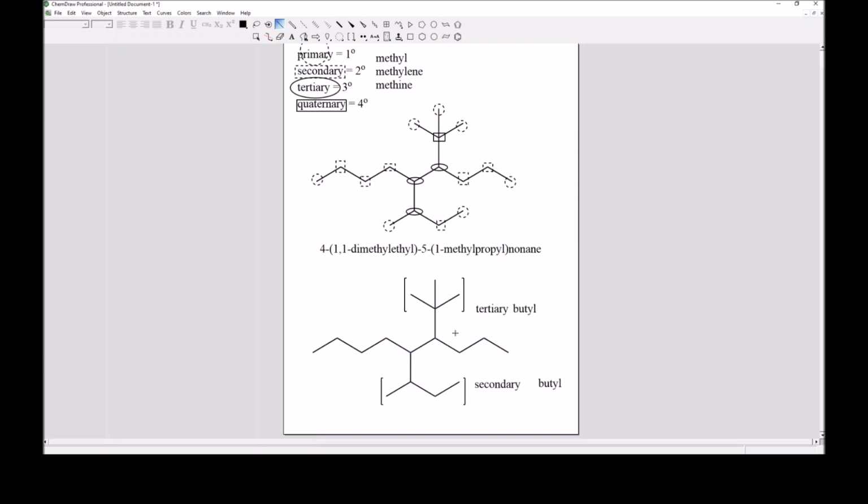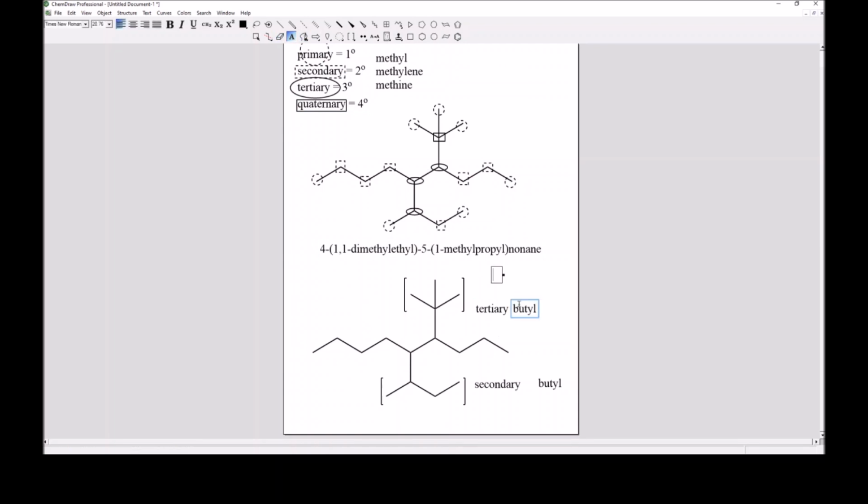And we just identified that the carbon that connects directly to the parent chain in a tertiary butyl group is actually a quaternary carbon. And the carbon connected to the parent chain in a secondary butyl group is actually a tertiary carbon. So they didn't make this easy for you unless you think about, well, what was it before we connected it? This used to be a tertiary carbon, and this used to be a secondary carbon. So we're going to call this a tertiary butyl group, and this is a secondary butyl group.